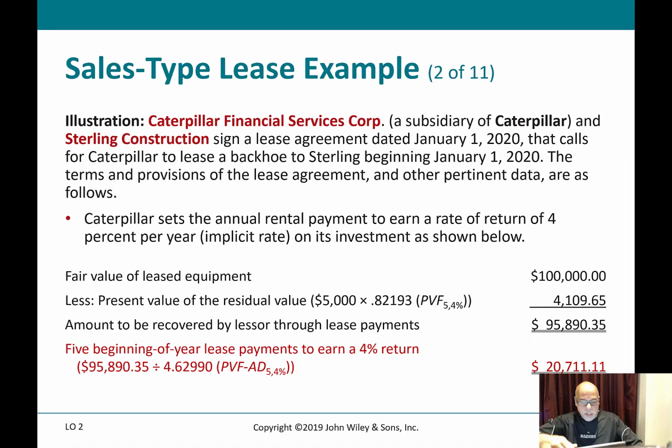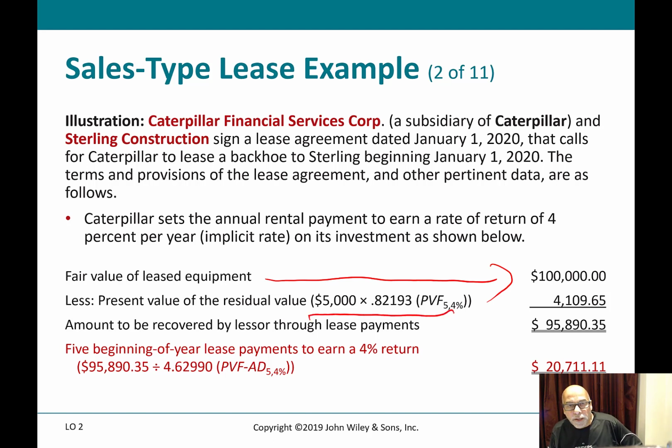Okay, so as we look at the numbers now that we've seen that we've met the criteria for a sales type lease for the lessor, notice that we're looking at the fair value of the equipment, and then we're going to take the present value of the residual value, and the notion here is that it's a guaranteed residual value.